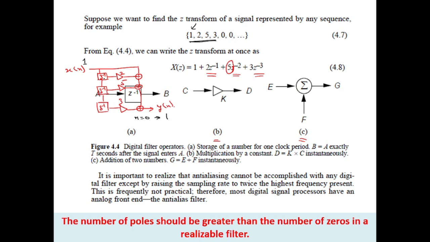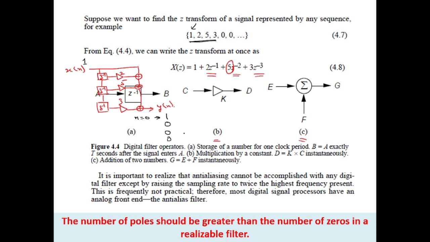In the previous instance, what is this z inverse holding? 0. There was nothing. Then over here again it was 0. Over here again it was 0.